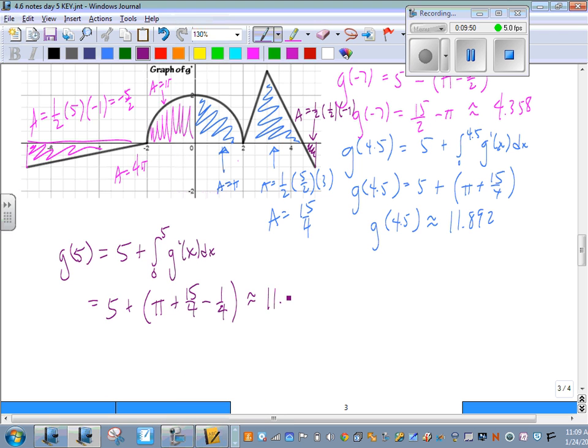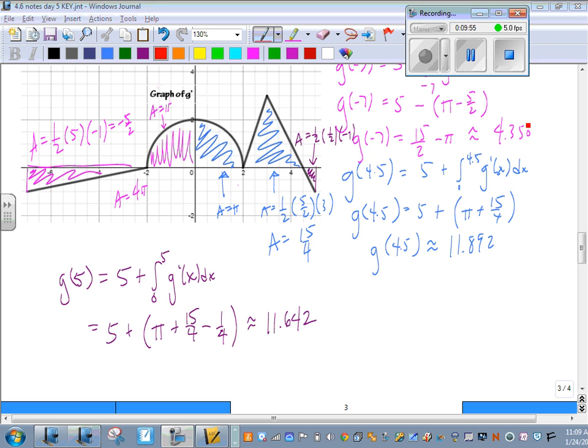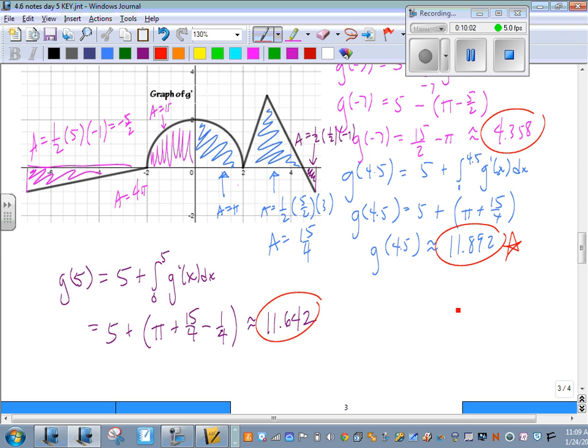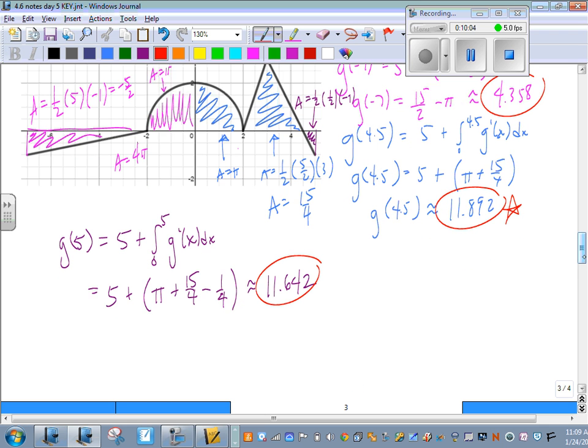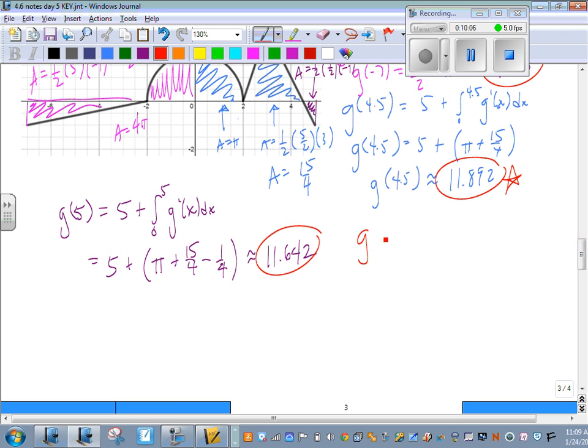So now we can tell from our three values, the two endpoints and our local maximum, that our absolute max is also our local max. So we want to explain that. G has an absolute max at 4.5, 11.892.